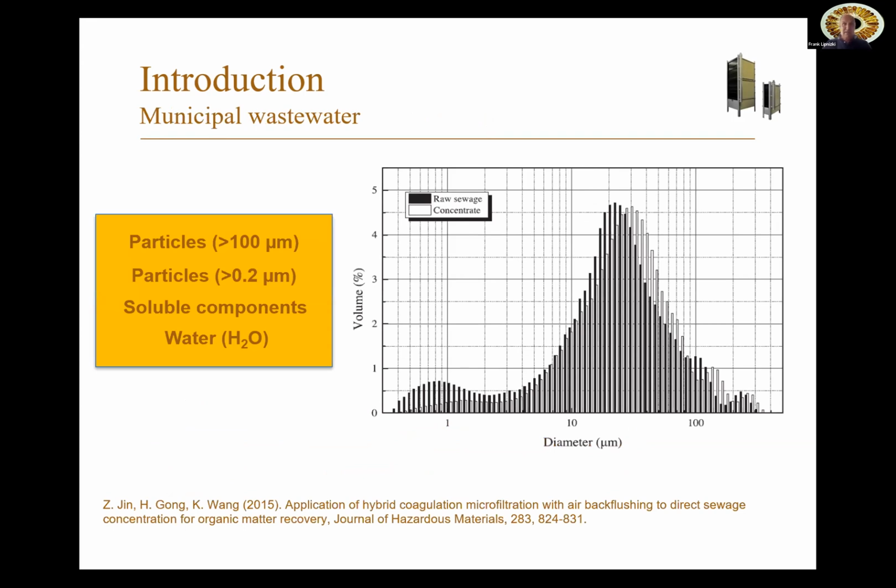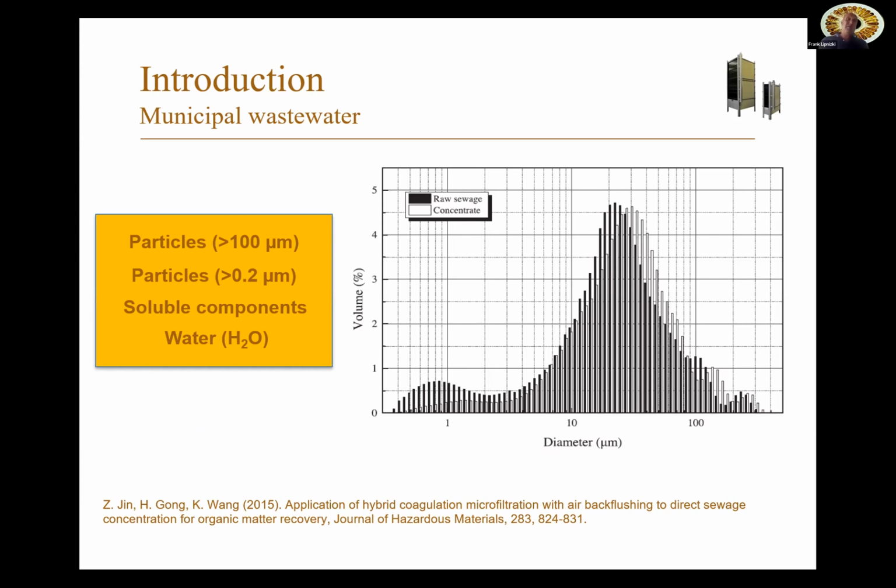Therefore, let us have a look at the particle distribution of municipal wastewater. What we see here is that there is a large amount of particles greater than 100 micron, and then a smaller fraction greater than 0.2 micron. The remainder are soluble compounds and water.